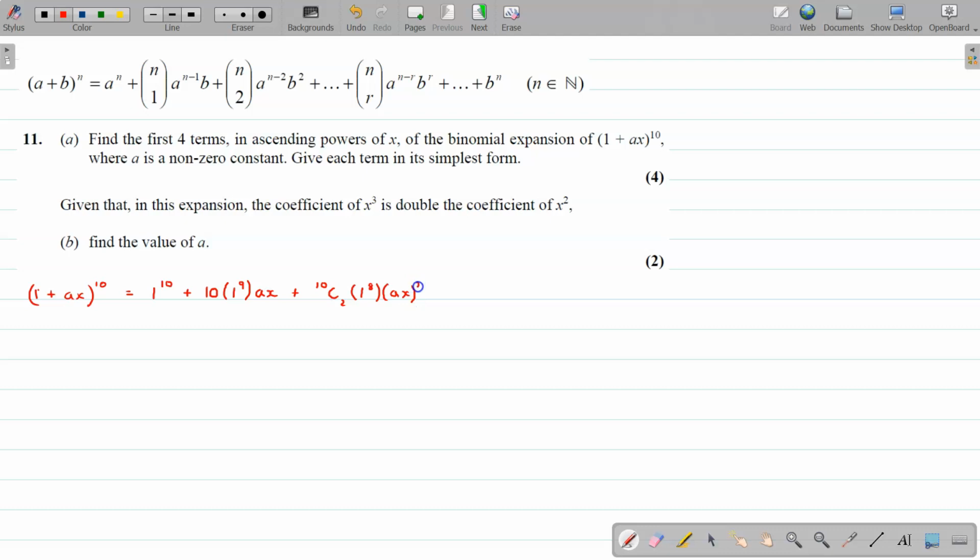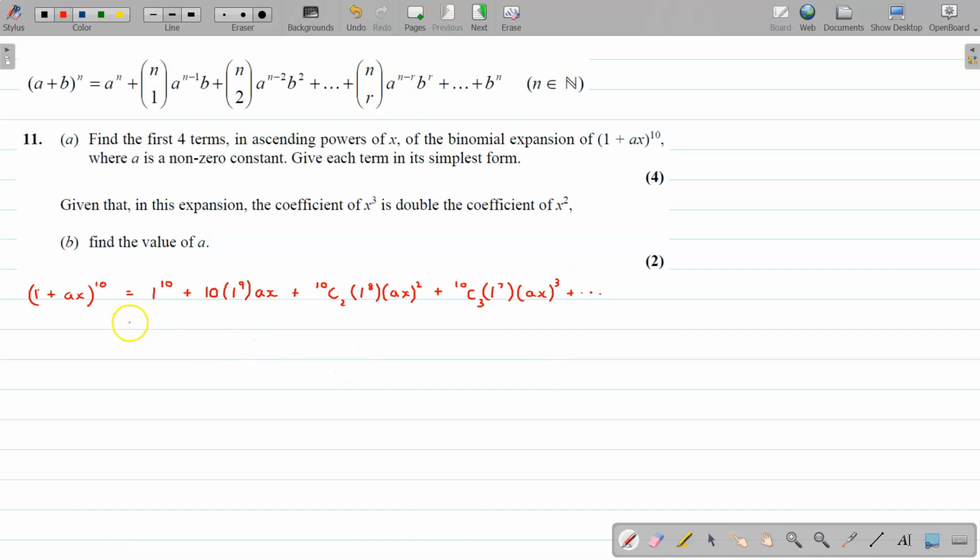Okay, and don't forget the a squared as well. And the final term is 10c3, okay, using this notation, 1 to the power 7, which you don't really need to write because you know that's going to be 1 every time, and ax cubed, all cubed. Okay, so that's the first 4 terms unsimplified.